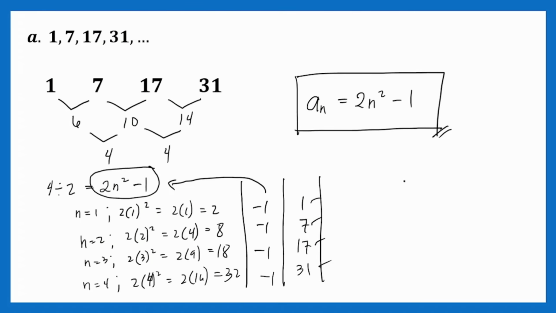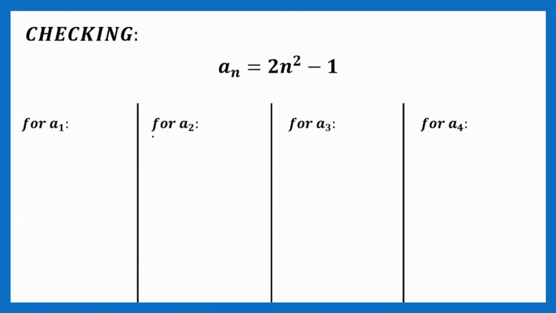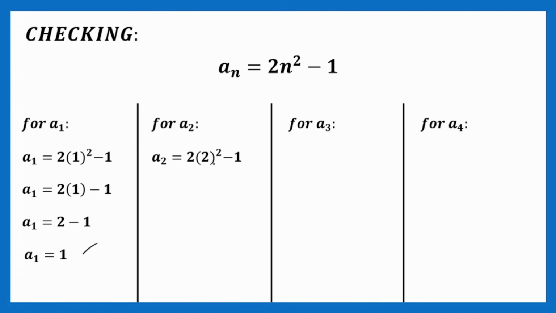Checking natin. Okay. So, since 4 yung terms, so check natin yung 4. Ayan. So, palitan ng 1 for a sub 1. Ito muna, 1 times 2 or 2 times 1, that is 2, minus 1, that would become 1. A sub 2, magiging 2 lahat ng n. 2 squared muna, that's 2 times 4, tas minus 1, kopya lang. 8 minus 1, that would become 7.